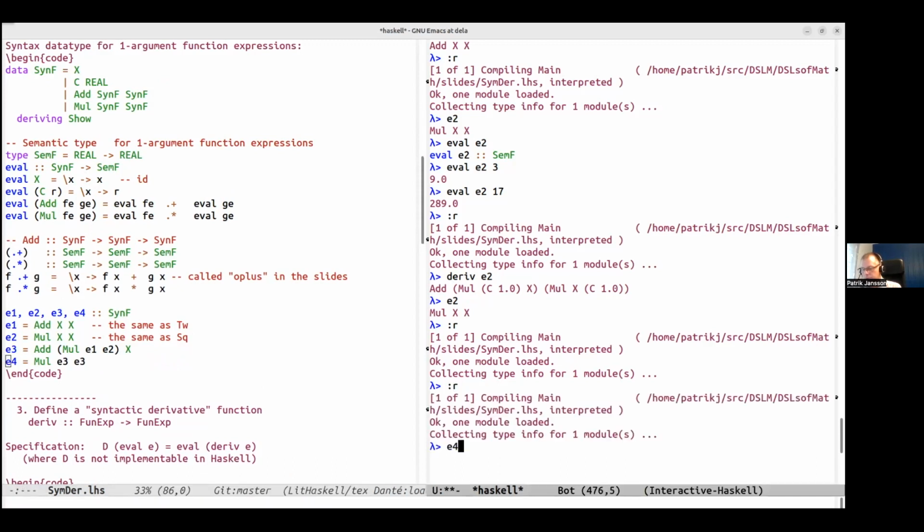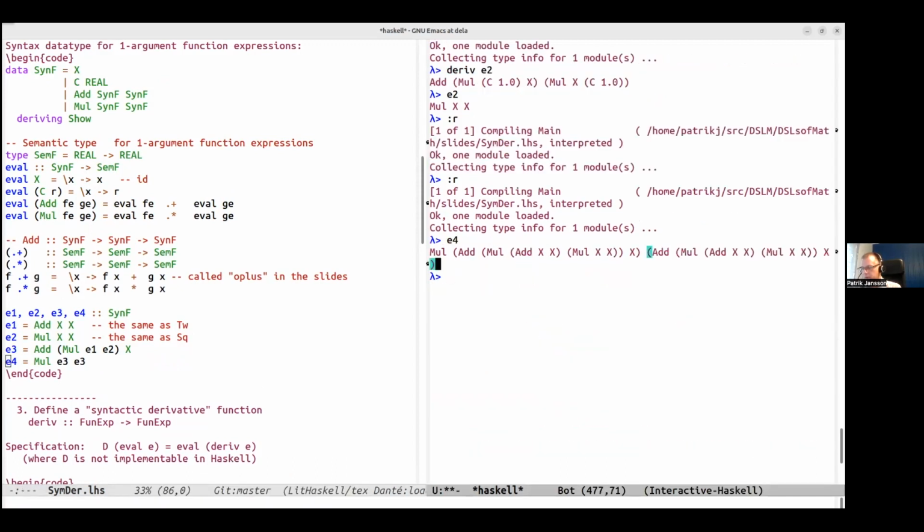So E4 here is now a rather big expression. It's not a very useful expression perhaps, but it's something. We can evaluate it at 3, say, or 2, or 1, or 0, and so on.